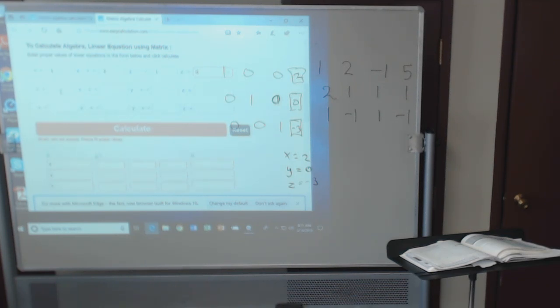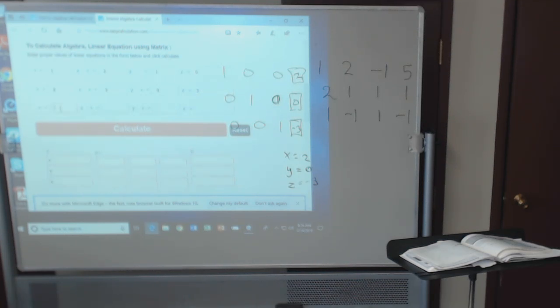Next row. What goes here? 2. And what goes here? 3. And what goes here? There's a blank space. So, what would that mean if there was a blank space? 0. Yep, that's right. And what goes here? 3. Then let's go down to the next one.